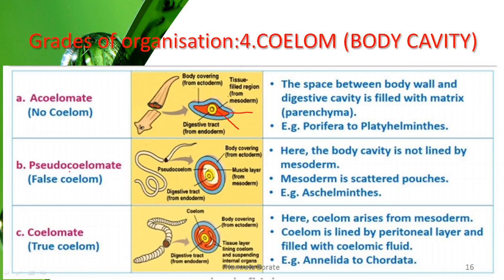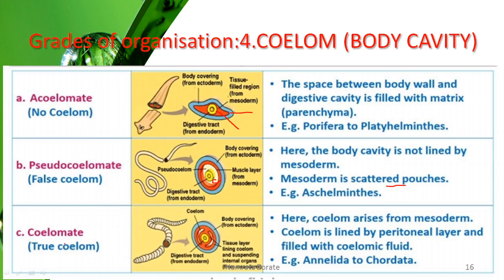The second one is the pseudocoelomate, means this body cavity is not lined by the mesoderm. There is a presence of mesoderm in the form of scattered pouches. It is observed in the Aschelminthes.